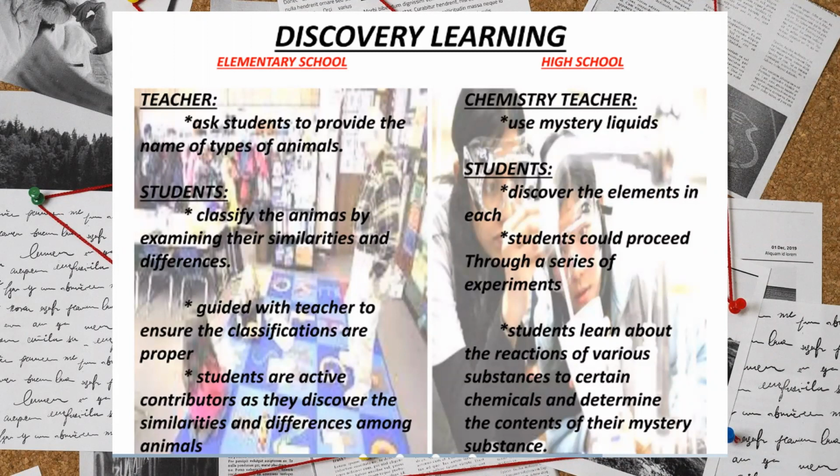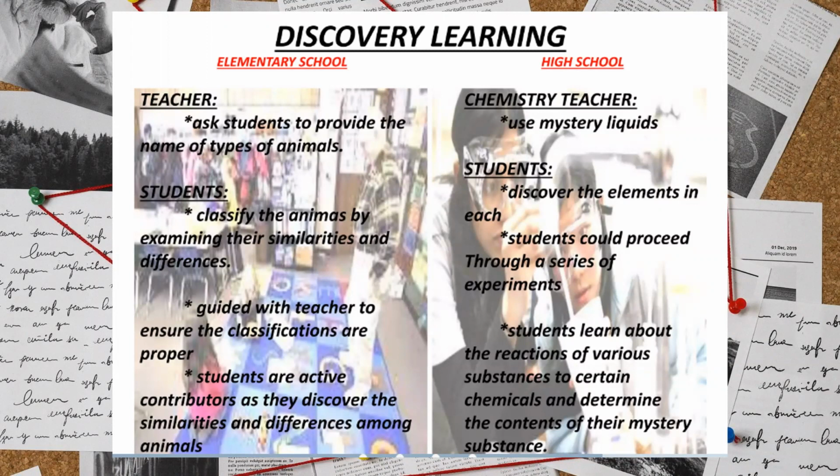So yun yung types of animals like birds, fish, mammals, and guided with teacher to ensure the classifications are proper. So nandun na yung teacher para mag-guide. Now, students become active contributors as they discover the similarities and differences among animals.